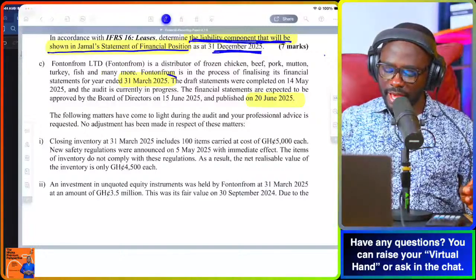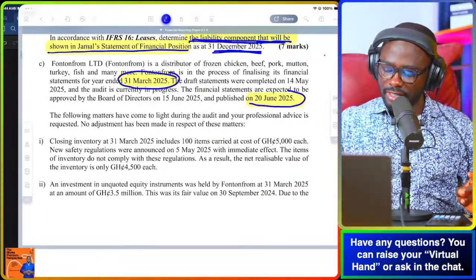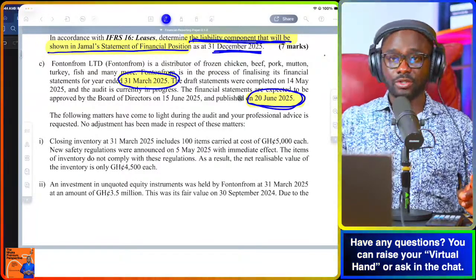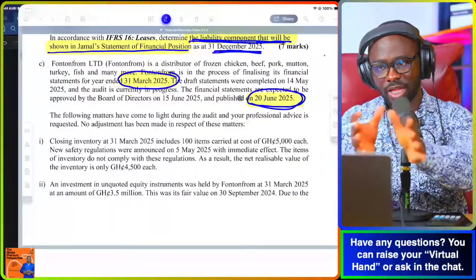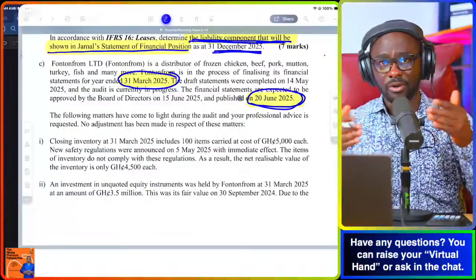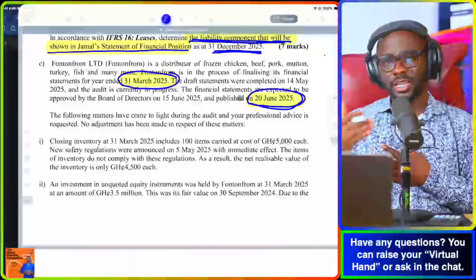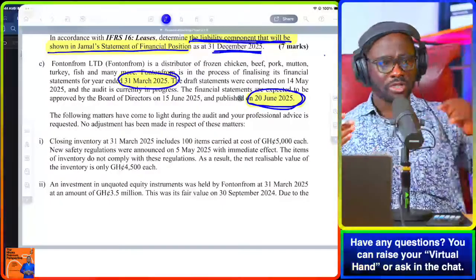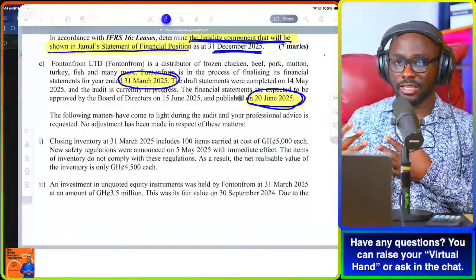So between the year ended 31st March 2025 and the date that financial statements are authorized for publication, 20th June 2025, anything that happens between that period will be regarded as a subsequent event or event after the reporting period. And that is what we said. If it is providing us with additional information about something that had existed at the reporting date, then it is going to be an adjusting event.